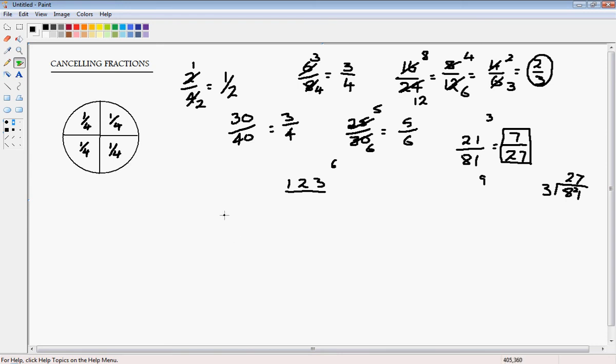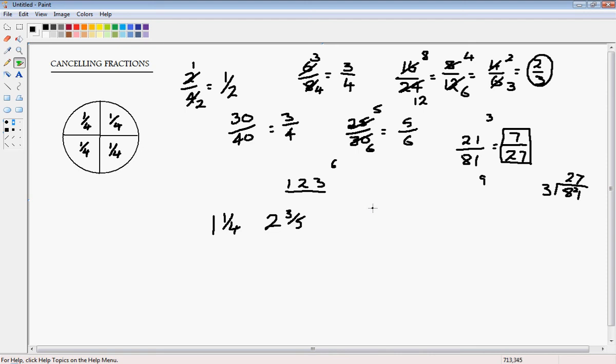Now sometimes we have something called a mixed number. Okay, so this would be something like 1 1/4, okay, or 2 3/5. This is a mixed number, it's part number, part fraction. Now we also have something called improper fractions.